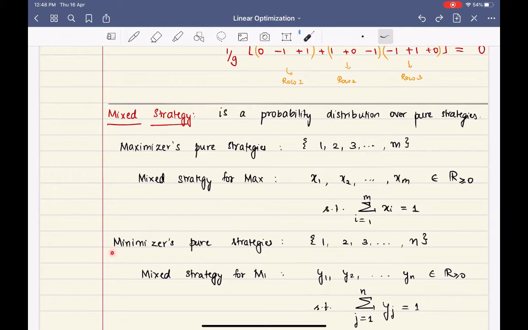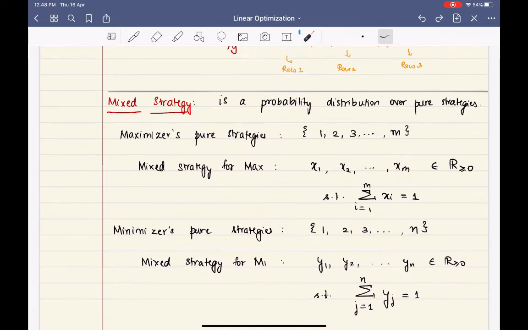Similarly, the minimizer's pure strategies are from 1, 2, 3 till n, and a mixed strategy is given by an n-tuple of real numbers such that the sum of them is 1. Okay. So there are infinitely many mixed strategies.